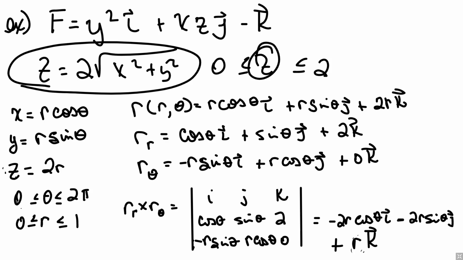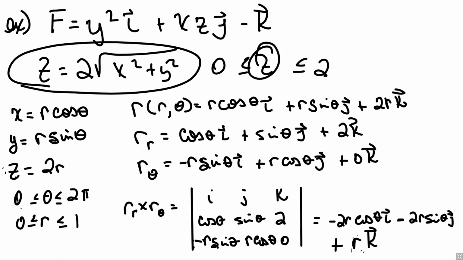In order for us to do this, first let's deal with F. F was defined as y squared in the i plus xz in the j minus k. One of the first things we need to do is transform that function in terms of r and theta.